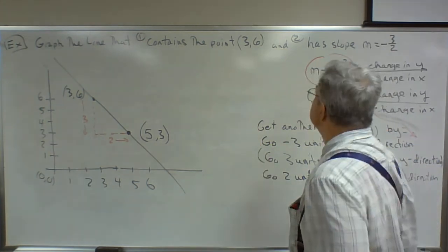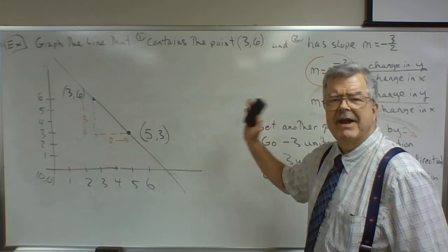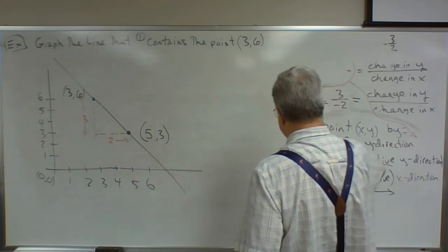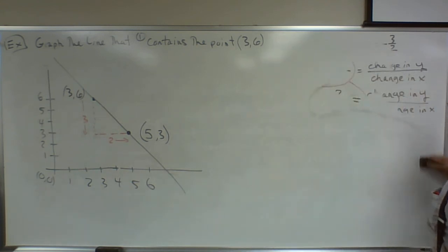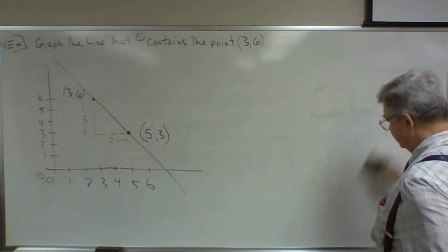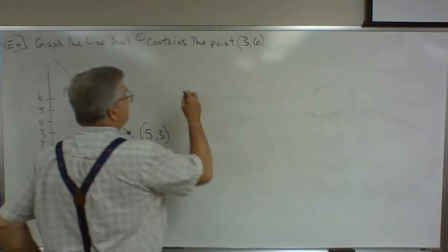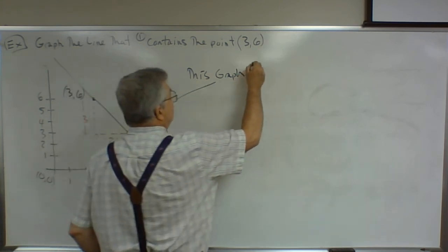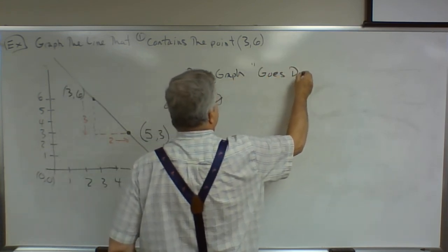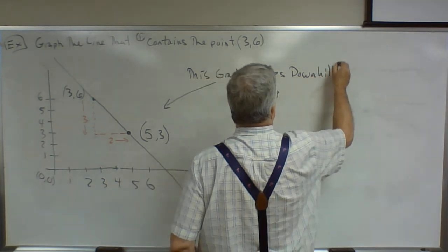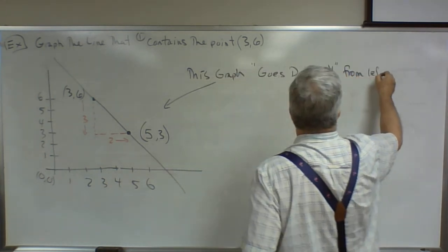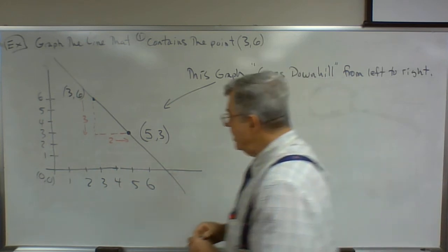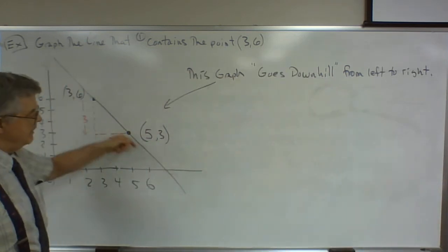Let's look at the graph and see how it differs from most of the graphs of the lines that we've been working with so far. As we move from left to right along the graph, it goes downhill.